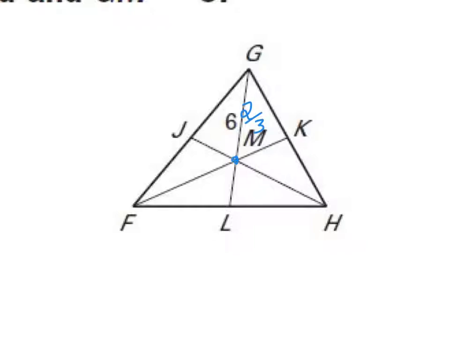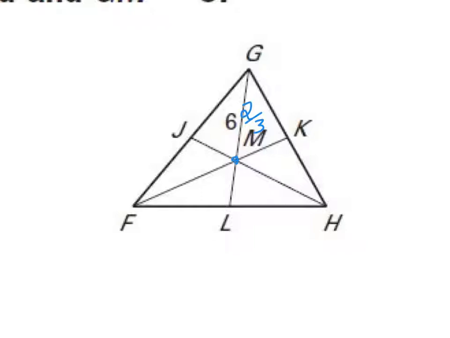Some of us can probably do this in our head. So then, how long is GL? 9. This part is 3, because 6 is 2/3 of 9. If you can do it in your head, that's perfectly fine.